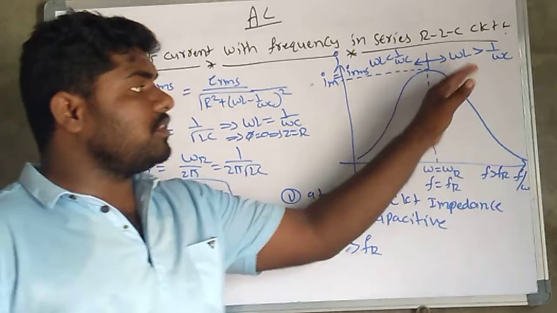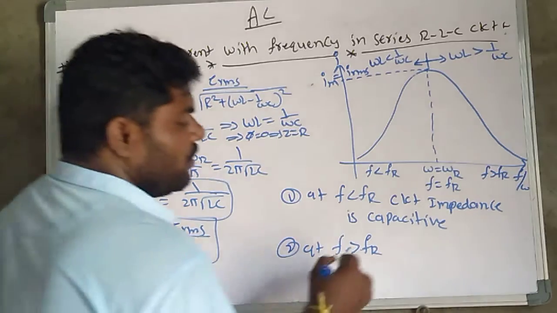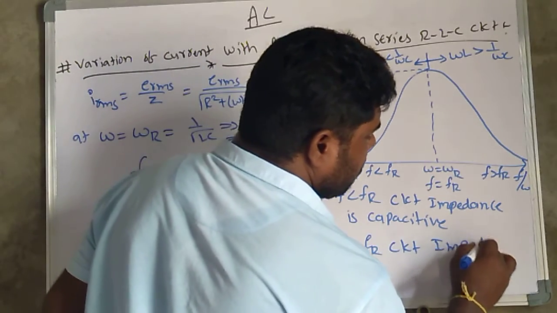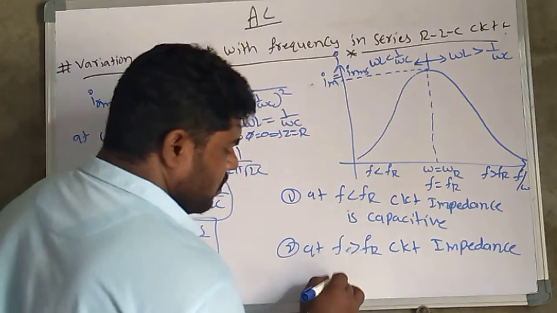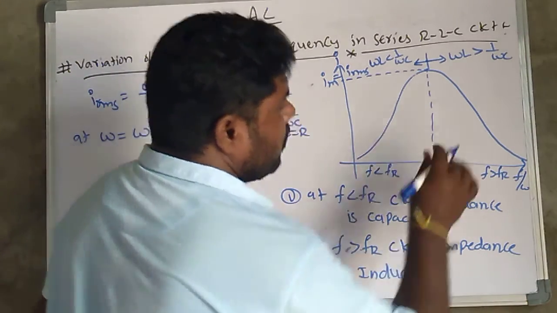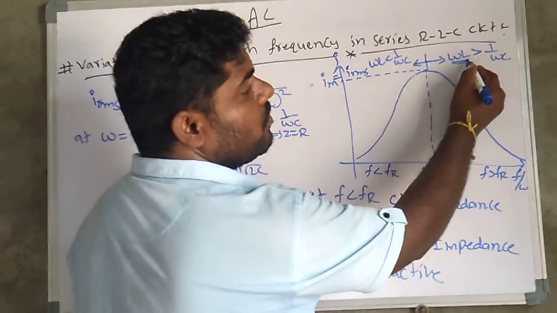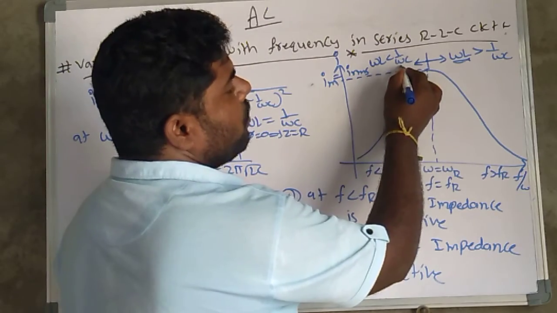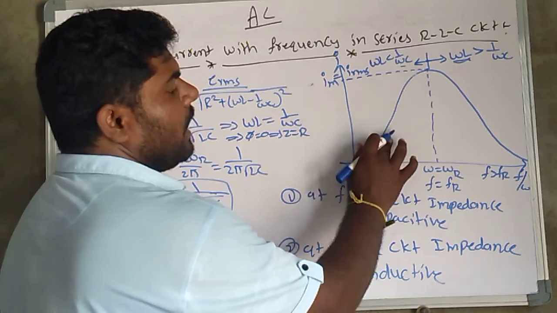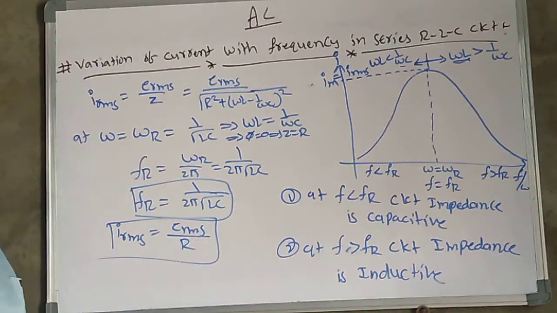In this right side region, the circuit impedance is inductive. Here omega L is more inductive only, and 1 by omega C is the capacitor. That's why the circuit is active capacitive in this area and active inductive in that area.